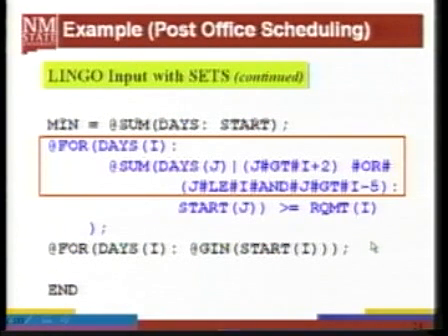For example, for I equals 1, this generates the sum which is start 1 plus start 4 plus start 5, start 6, and start 7, which is indeed the total number of workers working on day 1, which is Monday. Now I'm going to show you how I got this part. Okay?